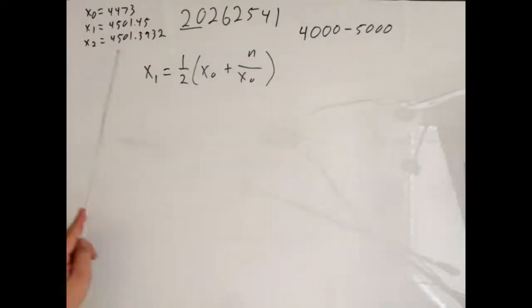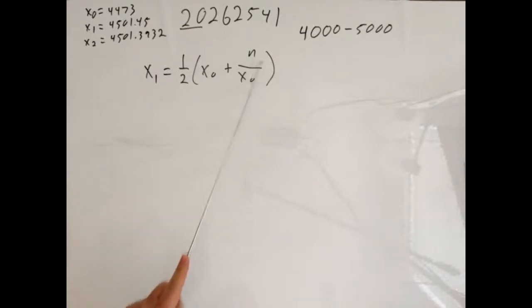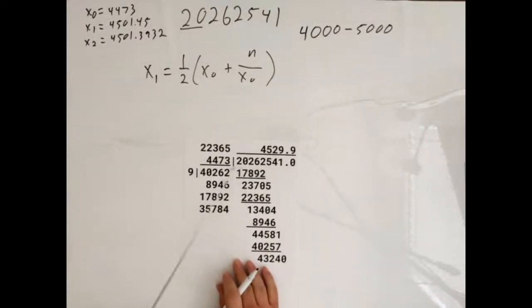That's why we call this x0. In order to find x1 in this case, we're going to take 1/2 of 4473 plus the original number divided by 4473, which according to this is exactly what we did here.